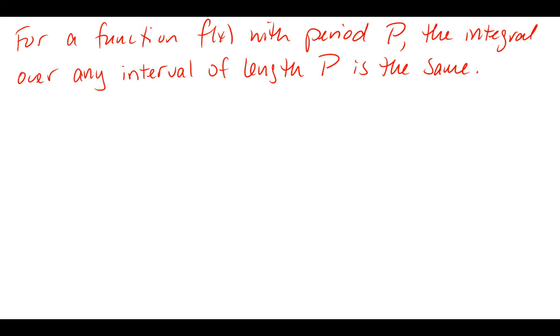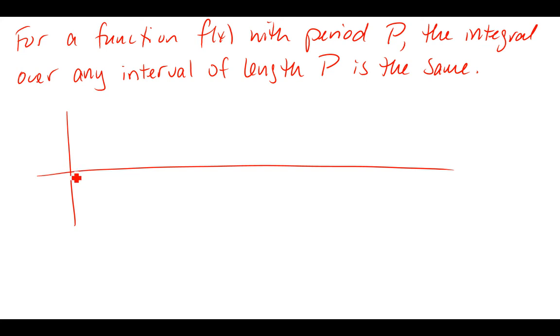I'll show you why this is true, using sine and cosine as our example here. Let me read this to you: if you have any function that's periodic with period p, then if you do an integral over any interval of length p, you will get the same exact result. Now I'm going to draw you a picture, and you'll be immediately convinced that this is true.